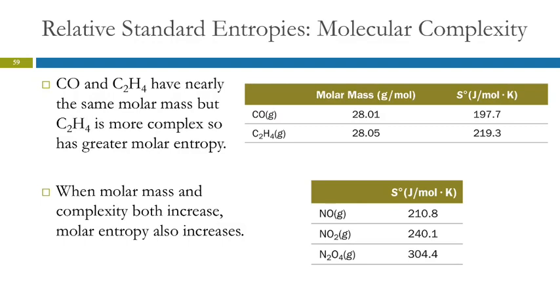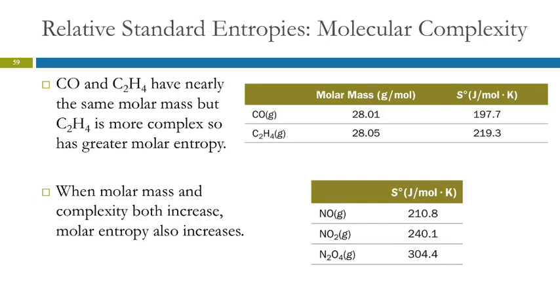If we look at carbon monoxide and ethylene, C2H4, again, very close to the same molar mass. The entropy is different. So the entropy of the C2H4 is larger. They're both molecules, but C2H4 is more complicated, right?